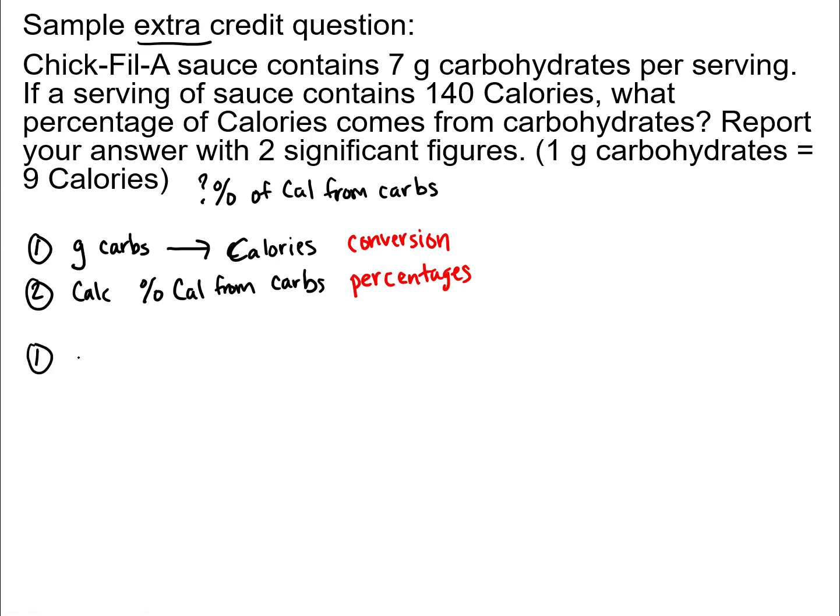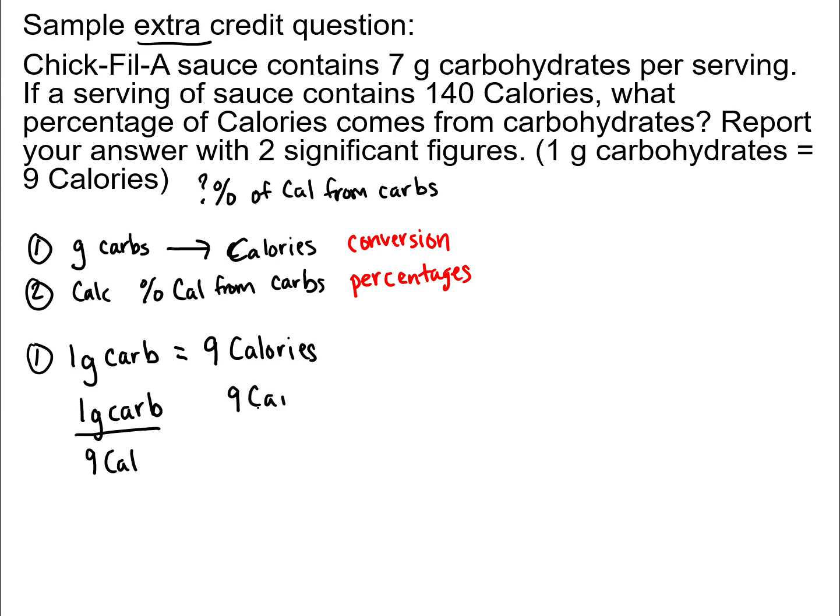Part 1. 1 gram of carbs is equal to 9 calories. I can write 2 unit factors, and then I can use one of these to convert my grams of carbs to calories.